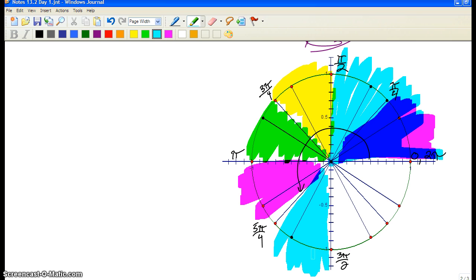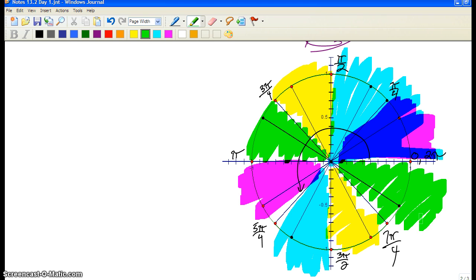Does that match? Hopefully that matches. 6/4. This is going to be 7/4 all the way to there. 7 pi over 4. And then if we finish this, go right all the way around the circle, we're going to have 8/4, which reduces to 2 pi. And that's good, right? We okay? You get where we get those?